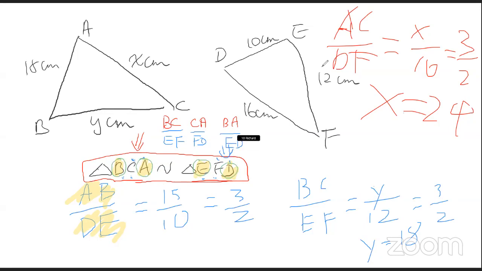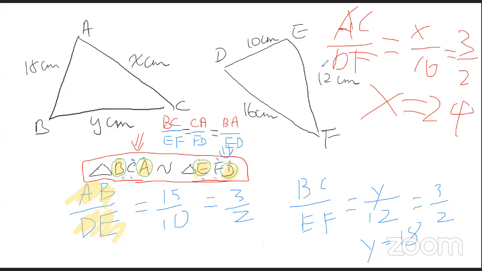Because they are in proportion, we know these are all equal. If you use the length BC divided by the length EF, the value you get should be equal to the length of CA divided by the length of FD.